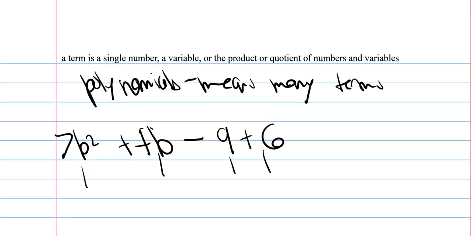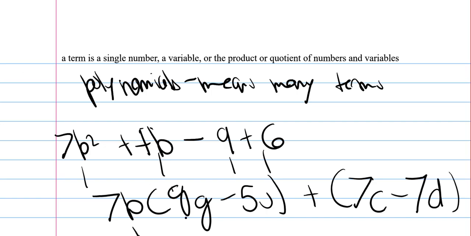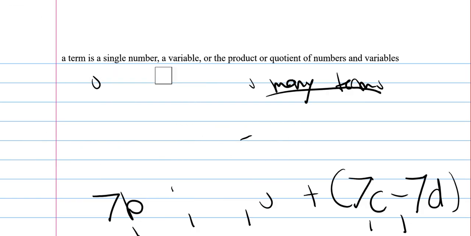Another example would be 8q minus 5u plus 7c minus 7d. This can be a polynomial because there are 1, 2, 3, 4, 5 terms. Polynomials means there are many terms. So let's move on.